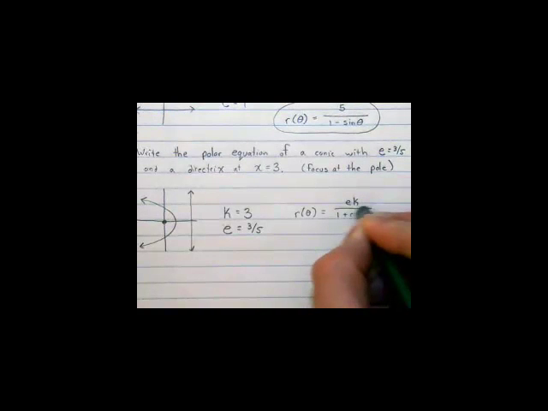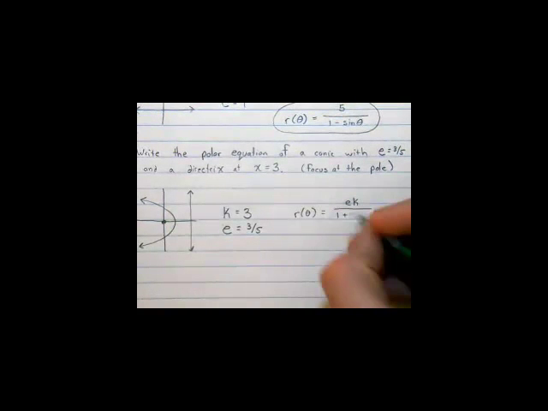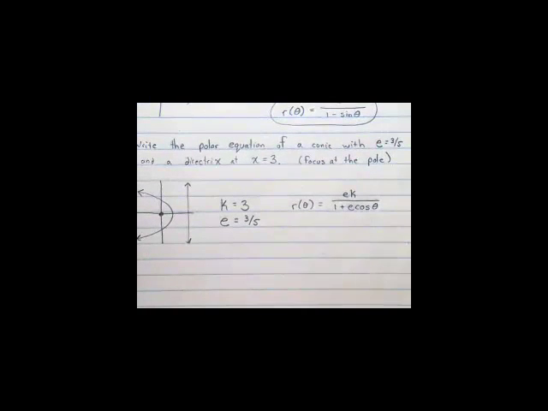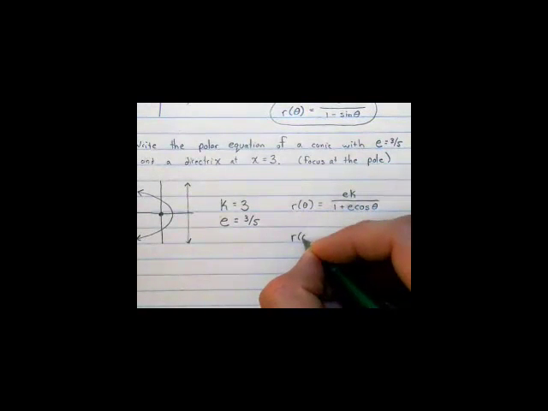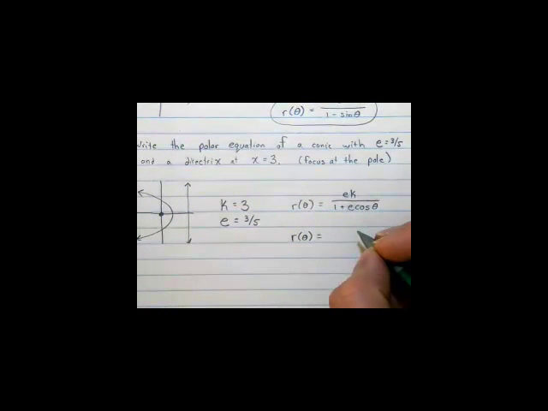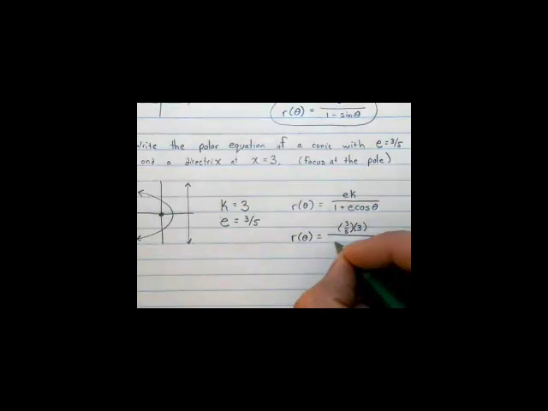Yeah. Alrighty, so let's put them in there. We might do a little bit of simplifying on this one too. We got 3/5 times 3 over 1 plus 3/5 cosine theta.